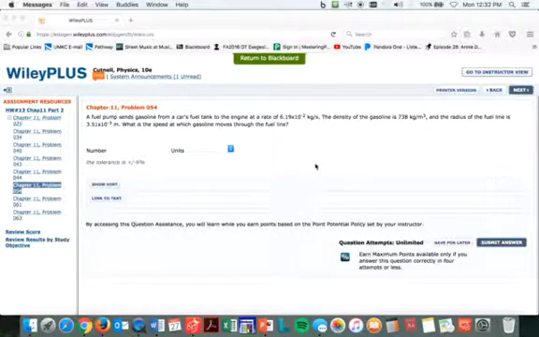And the density of the gasoline, rho of gas, is equal to 738 kilograms per meter cubed. And the radius of the fuel line is 3.51 times 10 to the negative 3 meters. Okay, there we go. We've got all we need.